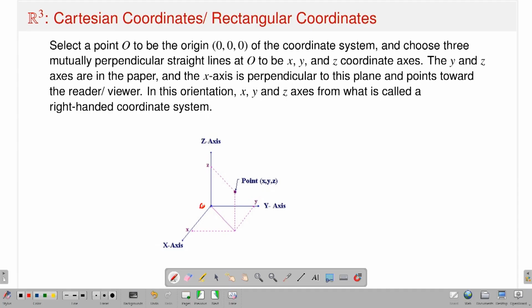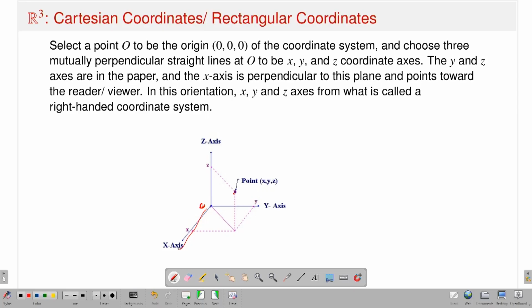In this orientation, x, y and z form what is called a right handed coordinate system. So, y and z axes are basically on the paper, and the x axis is perpendicular to the y z plane, pointing towards the viewer. So, this system of coordinates is called the Cartesian coordinate system.